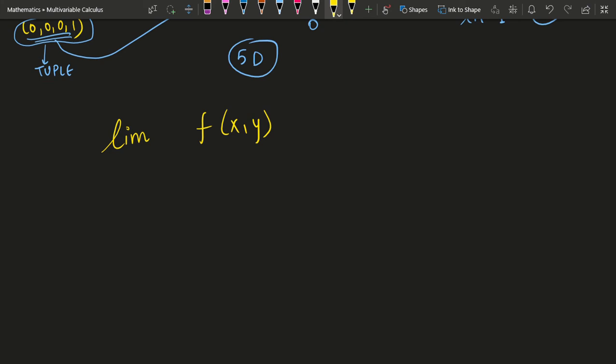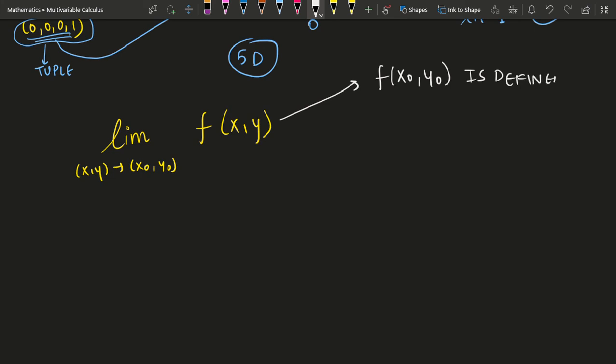So if you have a function where you want to find the limit as (x, y) approaches (x0, y0), you check whether f(x0, y0) is defined. If it is defined, it's a number, it's not an indeterminate, then the limit is just equal to that value.